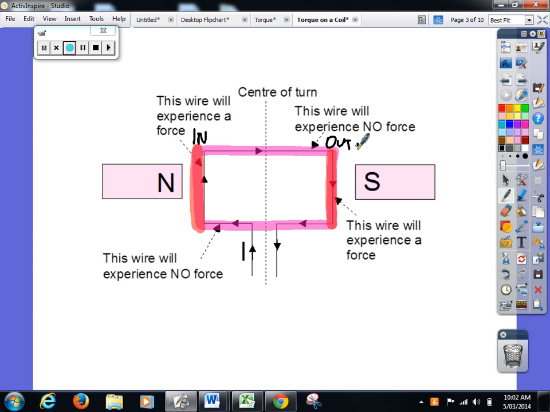If we somehow make this able to be anchored and spin by putting in what we'll call an axle or an axis, then what will happen is this side gets pushed in, this side gets pulled out, then this becomes twisted. Does that make sense? Okay, let's pause there and we'll go down to the back and have a look at this so far.